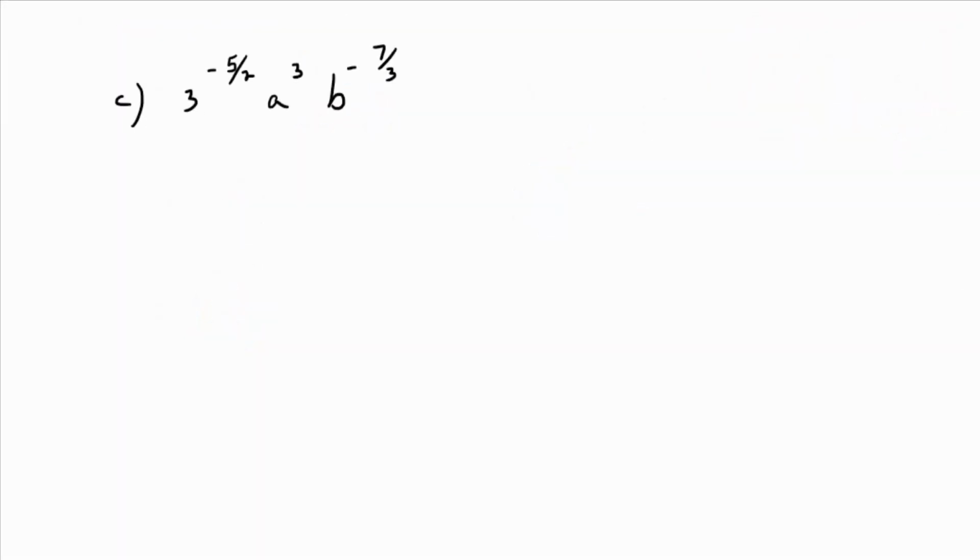Okay, so what's the most convenient way to think about it when you have multiple factors, and the operation is multiplication, right? This won't work if you're adding two of those things together. The easiest way to think about it in one like part C, where you have 3 to the negative 5 halves, a cubed, b to the negative 7 thirds, is to think of it as 1 fraction over 1.